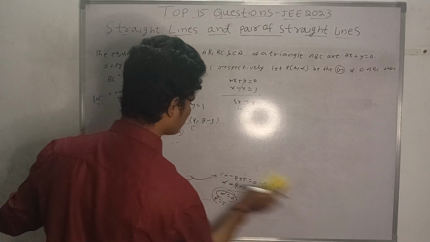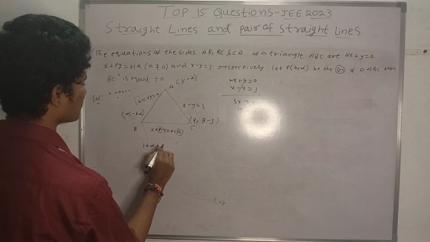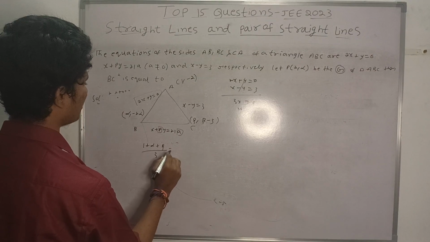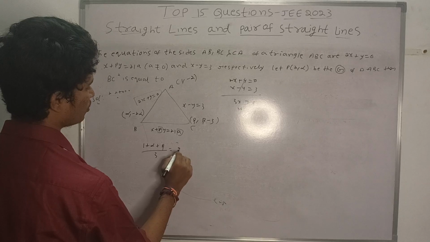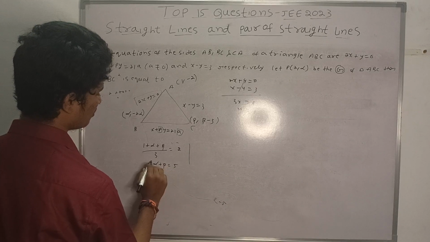One second. 1 plus alpha plus beta divided by 3 equal to 2. That is alpha plus beta equal to 5.